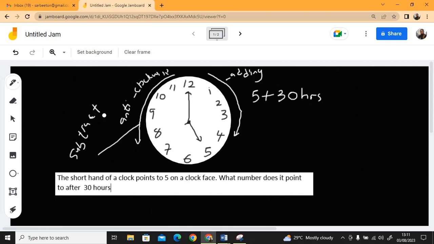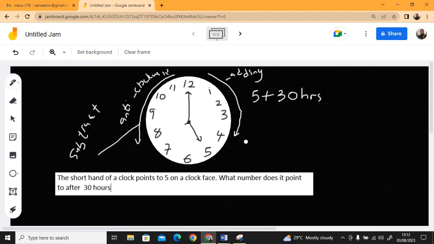For example, today let's say the hand of the clock is at 5 hours. 30 hours ago, where does it point to? That's 30 hours ago, it means it's minus, so you are going anti-clockwise. But this one is saying the hand points to 5 on the clock face. What does it point to after 30 hours? This 'after' means you add.